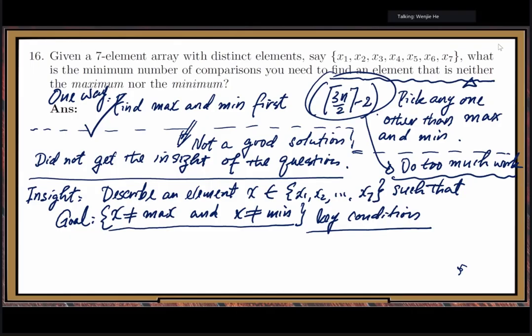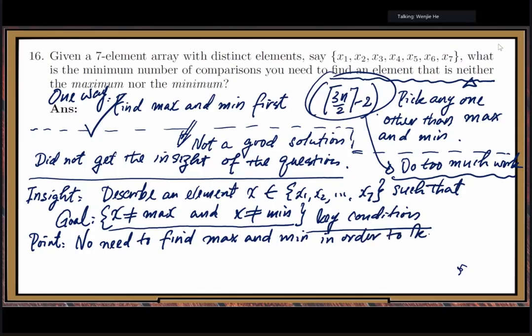In your mind, you need to get to this point: no need to find max and min in order to know some element is not a maximum, not a minimum.